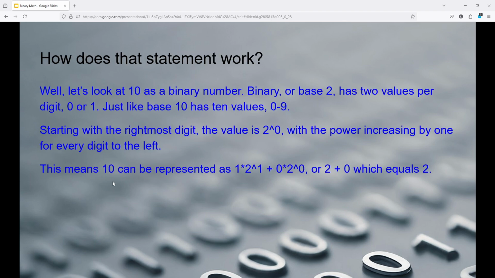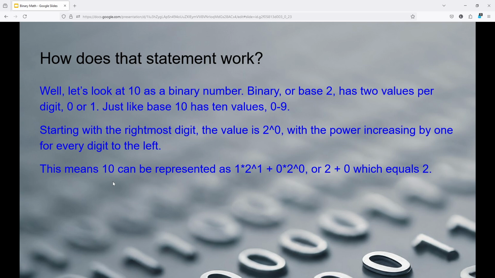So how exactly does that statement work? Let's look at 10 as a binary number. Again, binary, base 2, has 2 values per digit, 0 or 1. If we start with the rightmost digit, that value is going to be 2 to the 0 power, with the power increasing by 1 for every digit to the left.